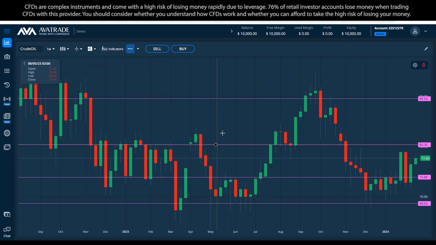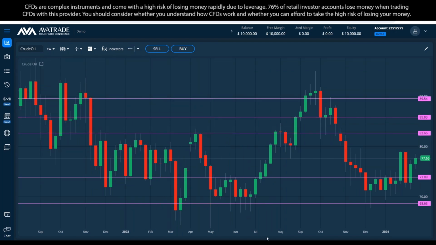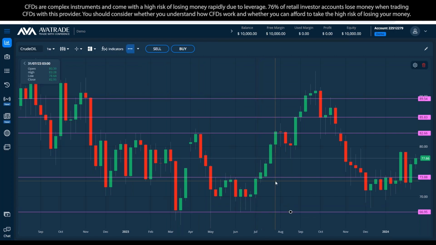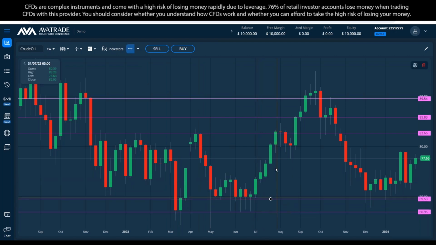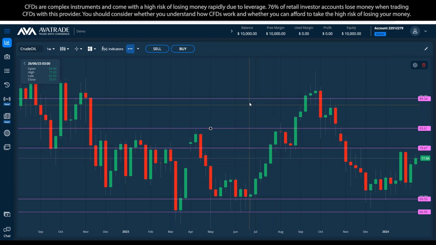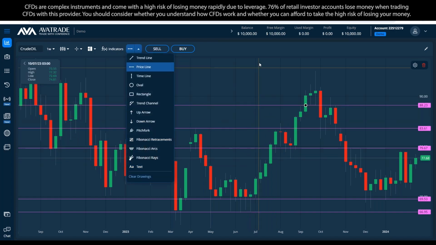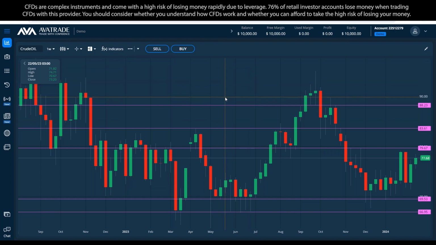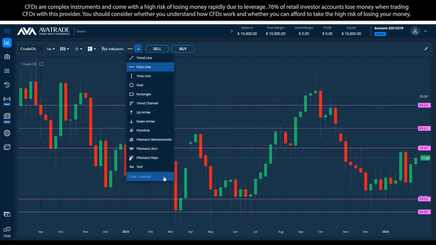Just click and place, right? Now, the way that this works is I can place them on the chart. I can either get rid of them one by one, okay? Or I can get rid of them as I showed all at once. Yeah, like that, okay?